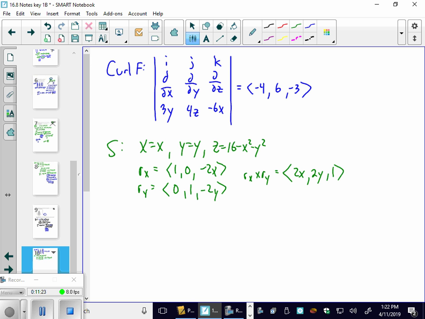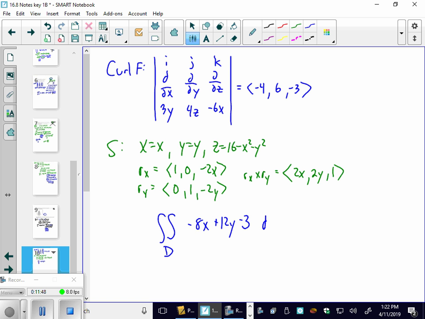So then we need to take the dot product of the curl and the parameterized surface. So we're going to have the integral over D. The dot product, this thing is going to be negative 8x plus 12y minus 3.